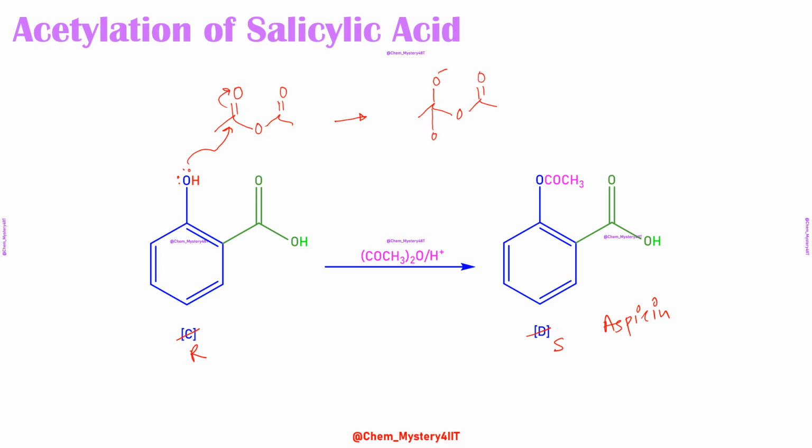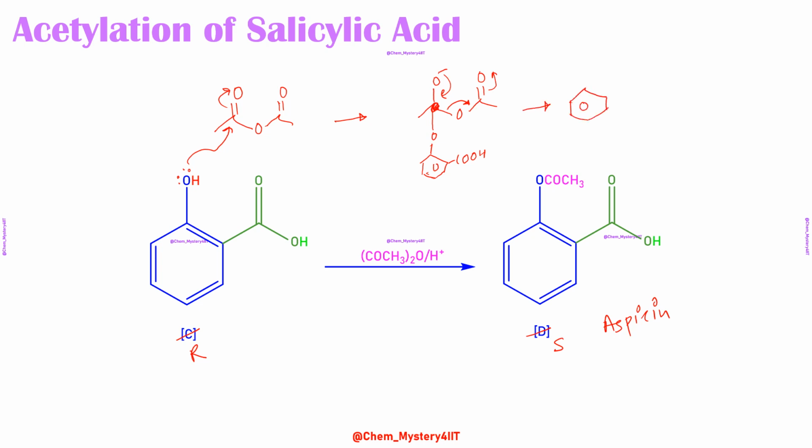This is oxygen, and that is the para position, ortho position containing the C double bond OH group. Now the tetrahedral intermediate is not going to be stable because of too much steric crowding, so this bond is going to be shifted towards oxygen, and if this bond is shifted that way, we'll get acetylation onto the ortho position.